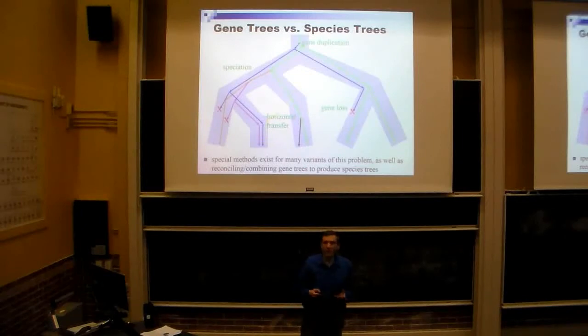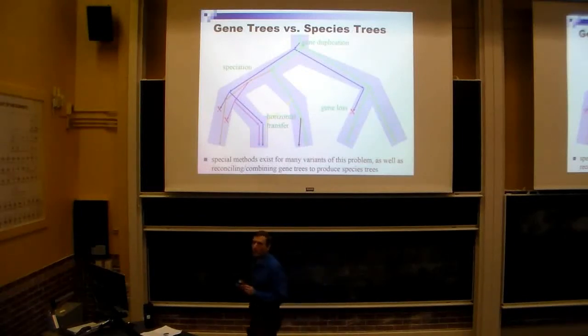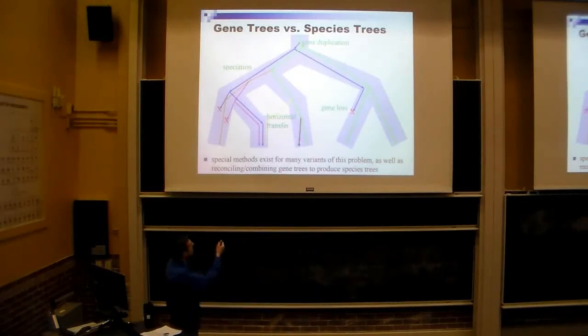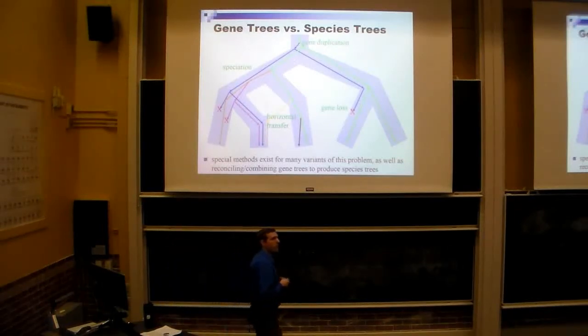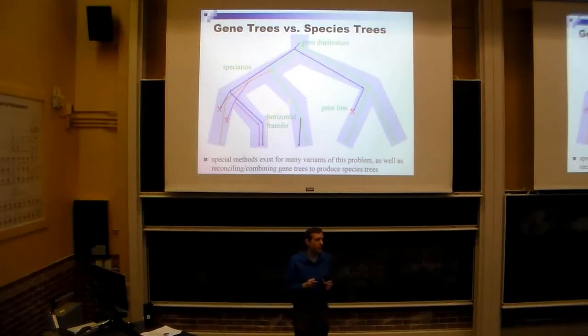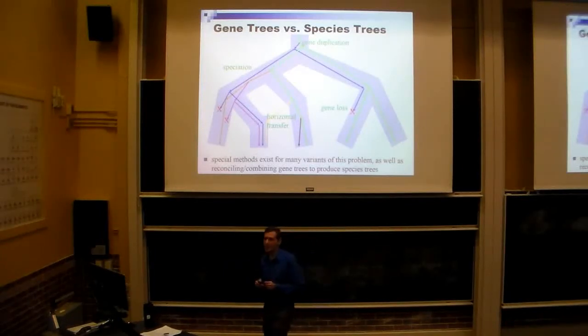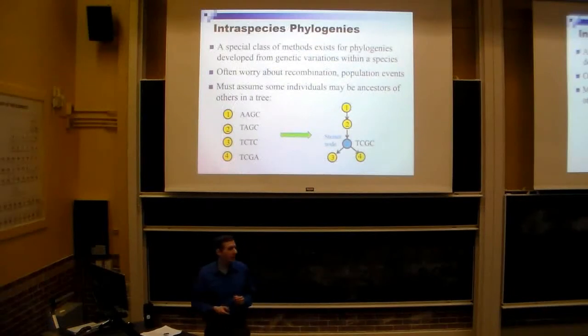And for a problem like this, where you have to worry about extra operations like horizontal transfer, gene duplication, and gene loss, you basically need to come up with a whole different body of theory to do your phylogenetics on these kinds of applications.